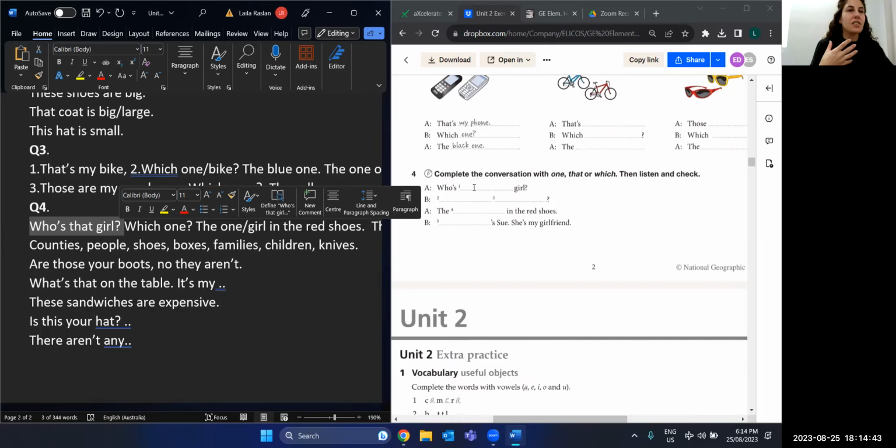So countries, we have Belgium, Spain, Poland. Objects: map, boots, torch. Nationalities: Brazilian, Japanese, Spanish.